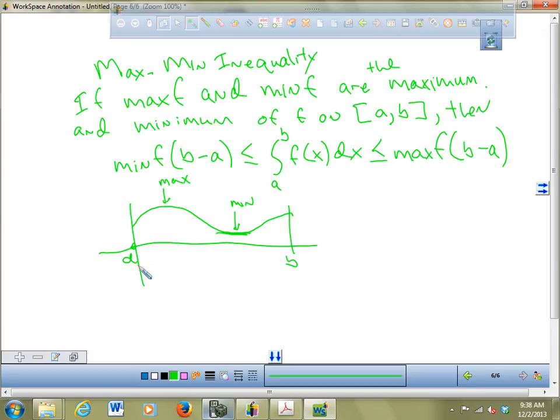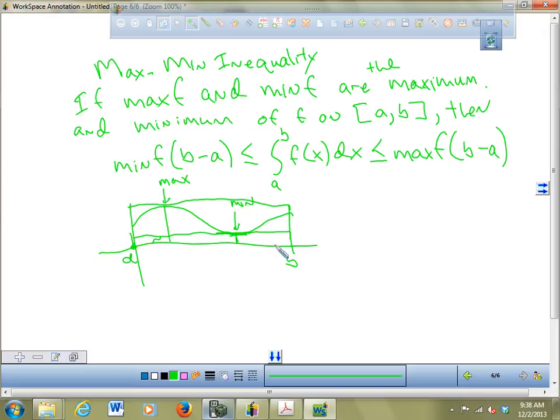If I take this maximum value and multiply it by b minus a, what is b minus a? It's the width of this rectangle right here. So I would get the area of this rectangle. The minimum times b minus a would give you the area of this rectangle in here.